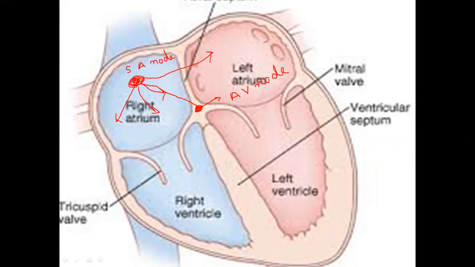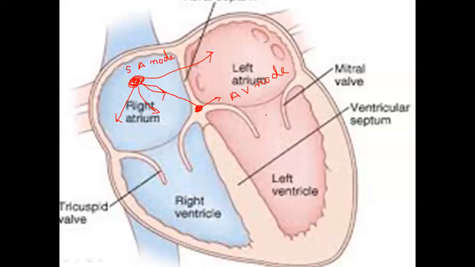Now you can also ask why these electric impulses do not go directly to the ventricles through these valves. As you can notice, all these valves, that is the tricuspid, the semilunar valve of the pulmonary artery, the bicuspid, and the semilunar valve of the aorta, are almost at the same level.